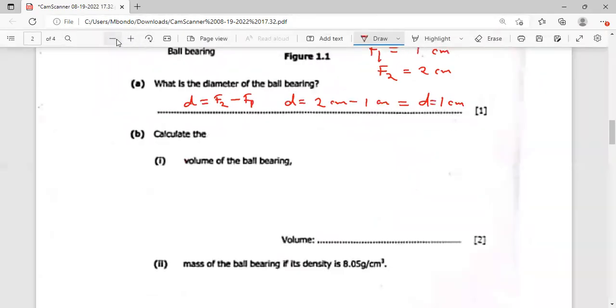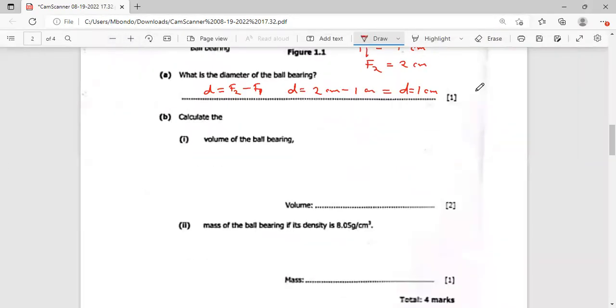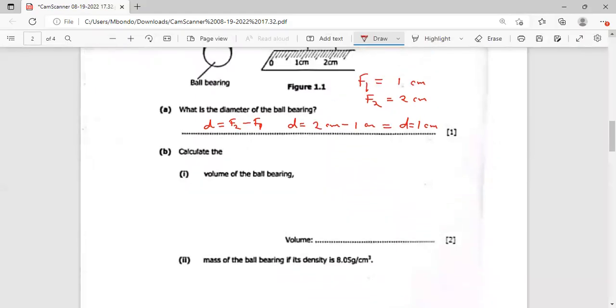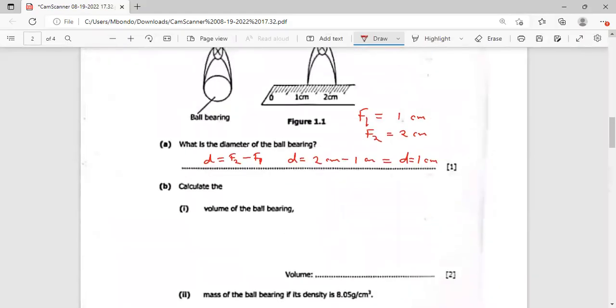Take note that as you do the calculations, if that engineer's caliper was put at 0 first, you wouldn't have subtracted the 2. You would have gone to the last reading, the last value of the jaw of the engineer's caliper. So when you come to calculating question B, you have to understand that on this one you need the mathematics.